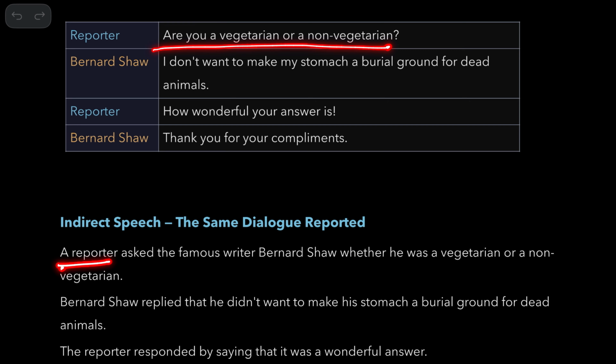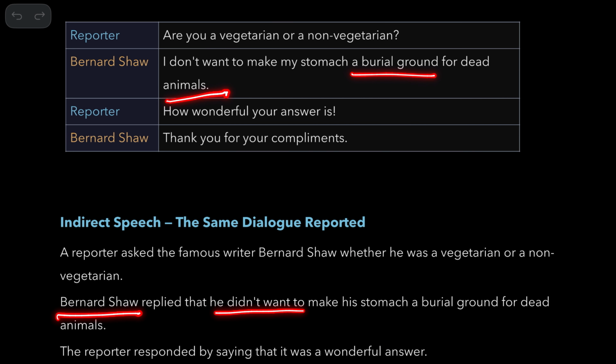A reporter asked the famous writer Bernard Shaw whether he was a vegetarian or a non vegetarian. Bernard Shaw says this: I don't want to make my stomach a burial ground for dead animals. Bernard Shaw replied that he didn't want to make his stomach a burial ground for dead animals.